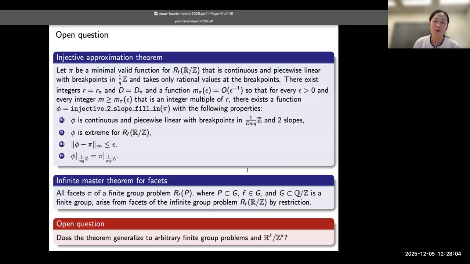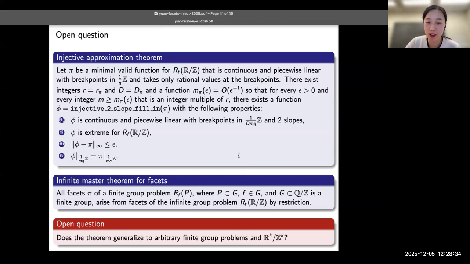Anyway, if you trust me, we showed the theorem that all facets of the finite group problem arise from facets of the infinite group problem by restriction. It is still open whether we can generalize it to arbitrary dimension and to arbitrary finite group problems.